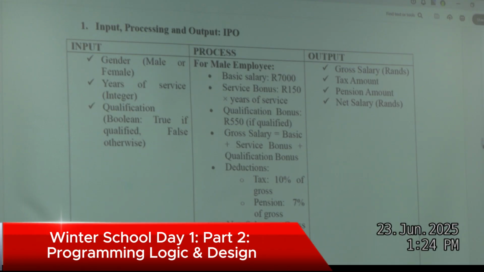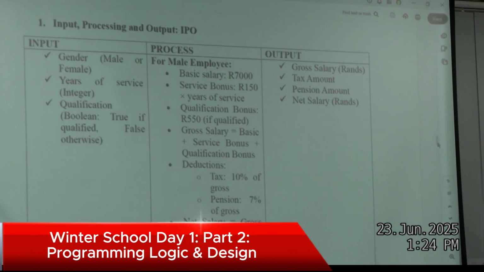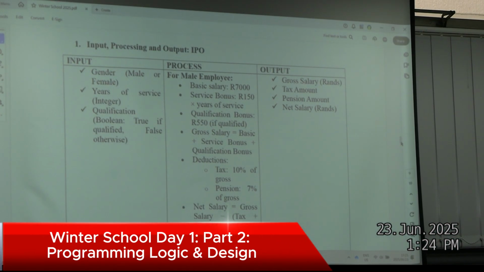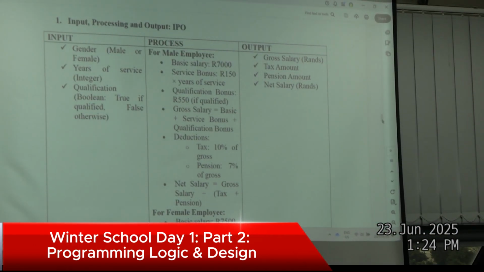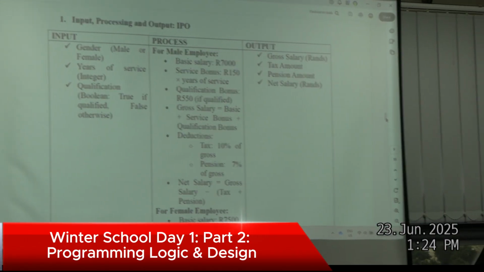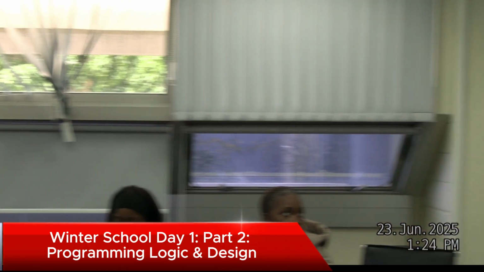Okay? So, let us now try to sit in groups of 3 and we do our pseudocode based on input, output, processing. Just make 3, 3, 3. I can see you are already in groups of 3.